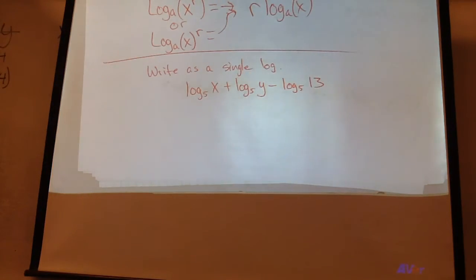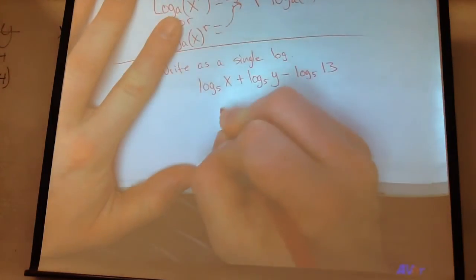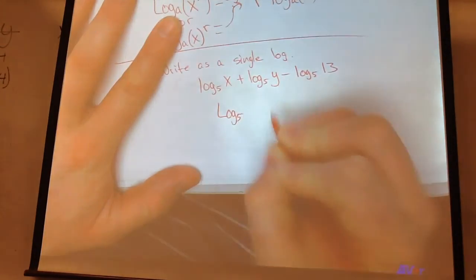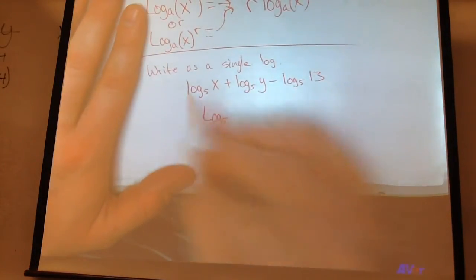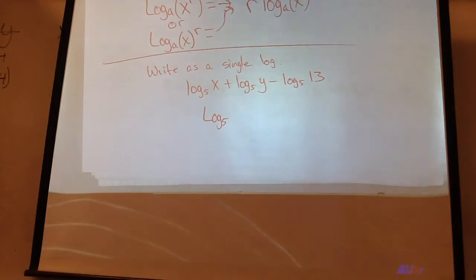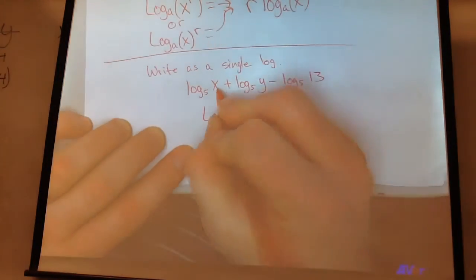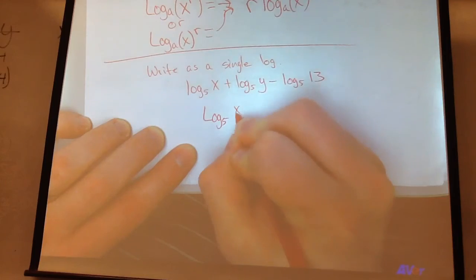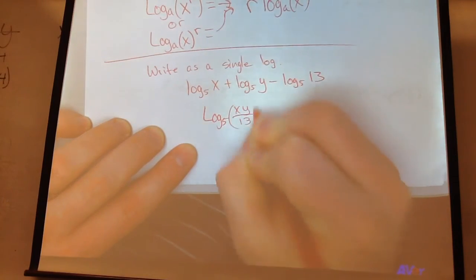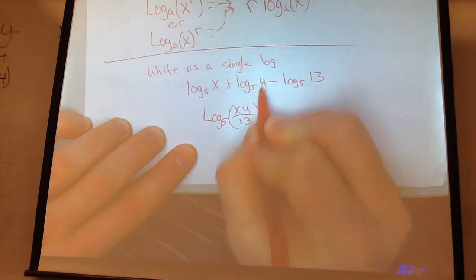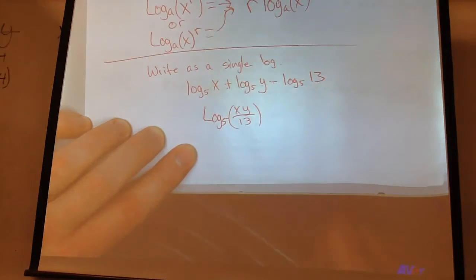They're all log base 5. That could be written as a single log: log base 5 of xy over 13. That means to multiply those, then divide by 13.